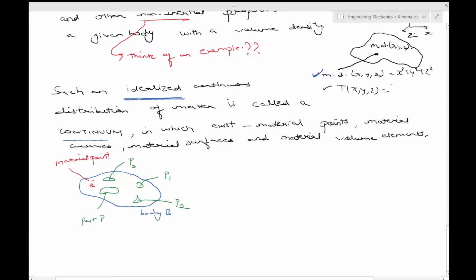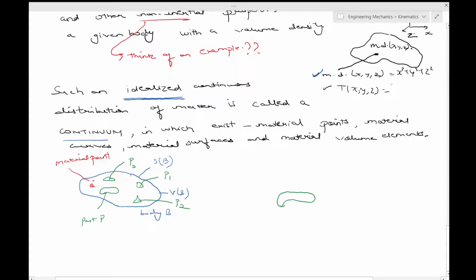It's not the only material point, or these are not the only parts. There can be many parts, big, small, of different sizes. And this body B has a volume B. It has this surface B. You can take out a small part of it, a finite part of it. It's not infinitesimal for now.